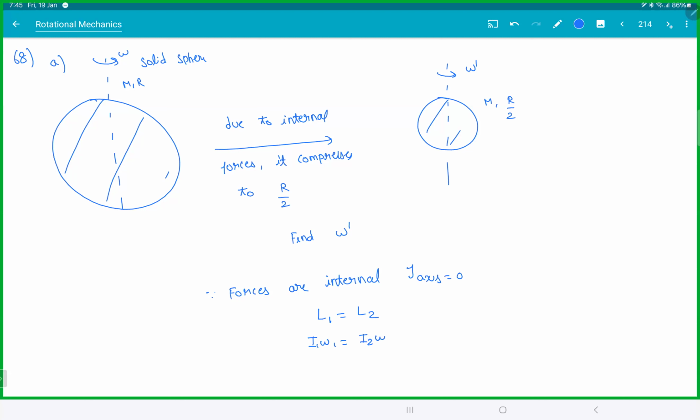I1 omega 1 is equal to I2 omega 2. 2 by 5 mr square omega will be 2 by 5 mr by 2 whole square omega dash. So omega dash is 4 omega. Easy? Clear.